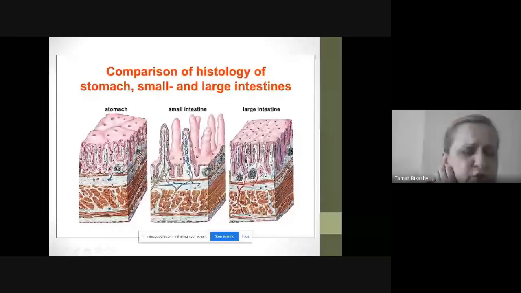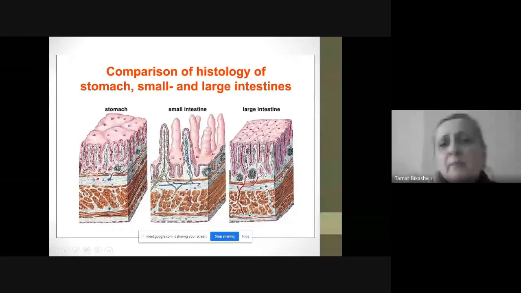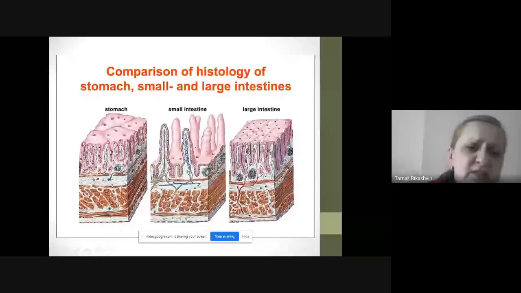So there are tubular long glands in the stomach. Glands are also in the small intestine, not such long glands, but in the large intestine there are again long tubular glands. Then the submucosa is thinner in the large intestine.